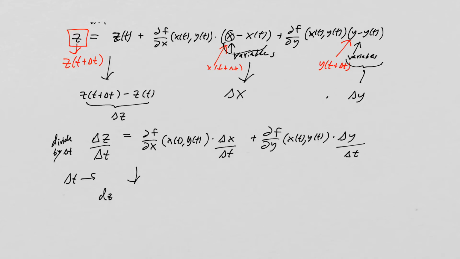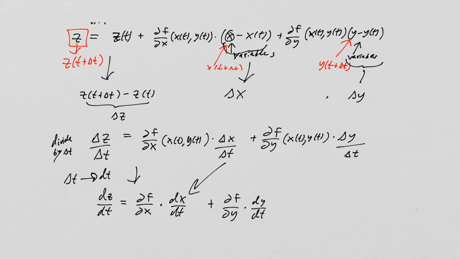I'm not taking delta t to 0, I'm taking it to an infinitesimal, in which case we get dz/dt is equal to the partial derivative with respect to x, which is just hanging out and not doing anything, multiplied by dx/dt, plus the partial derivative of f with respect to y times dy/dt. This right here is the multivariate chain rule.